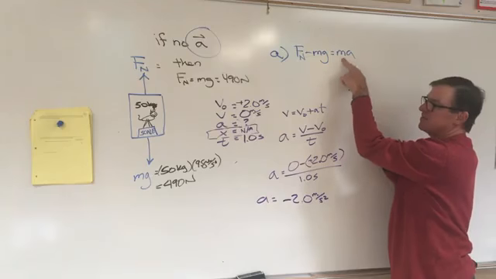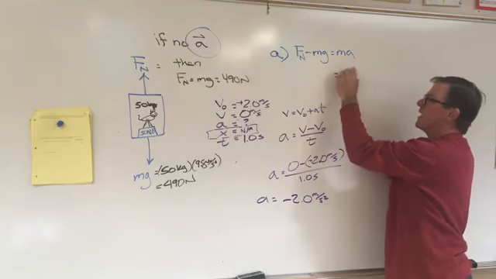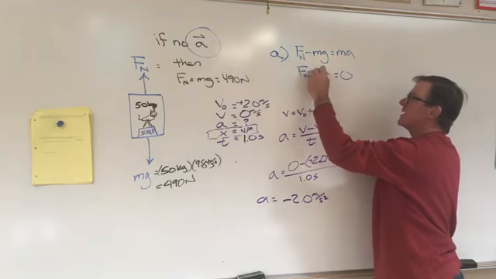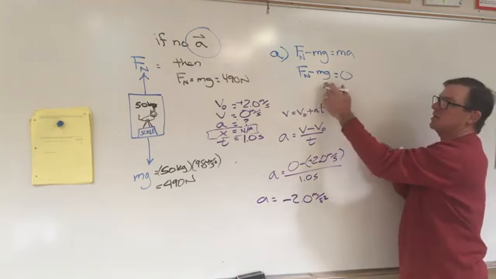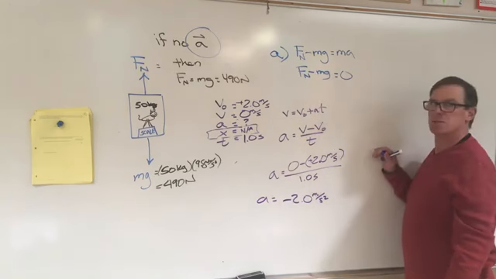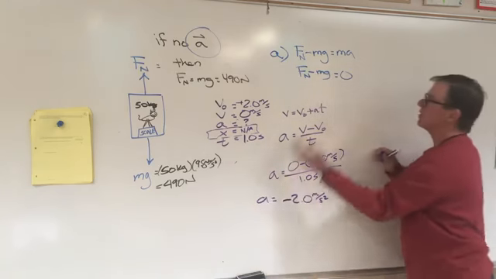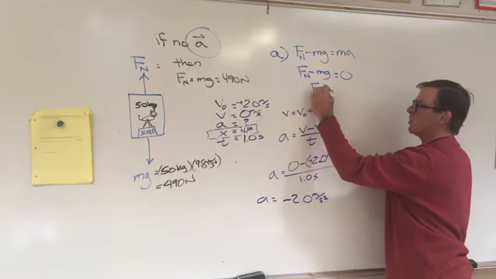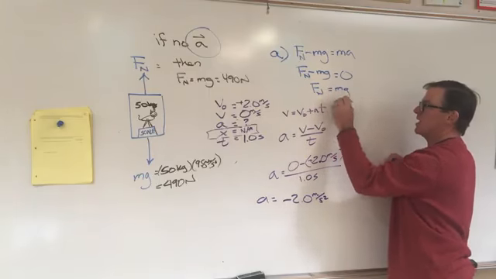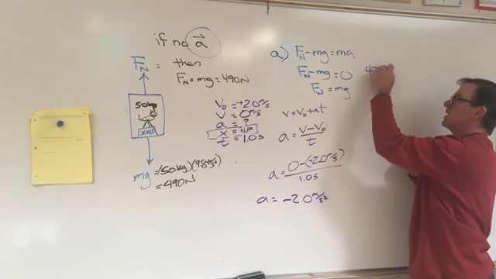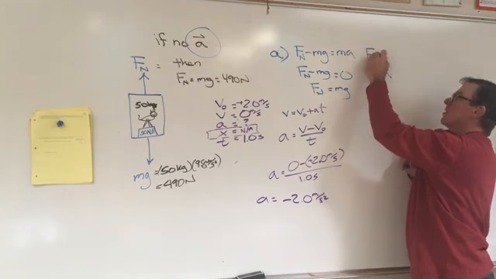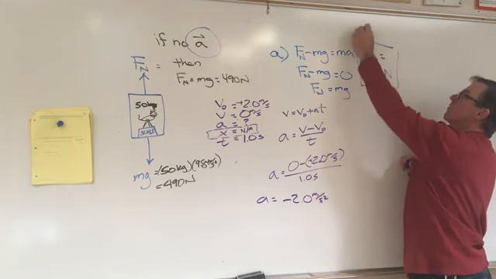And 0 times 50 is still 0. So we know that up minus down equals 0. And we know down equals 490. In other words, we know that in this situation, Fn equals mg, and the answer is 490. The reading on the scale equals 490.